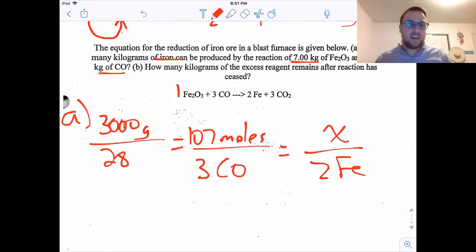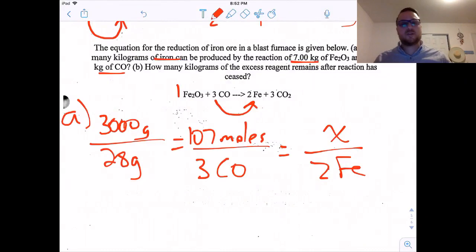So let me piggyback up a step. We had 3 kilograms of carbon monoxide. I converted that to moles by dividing it by its molecular weight. Based on the reaction I have, 3 carbon monoxides will always result in 2 irons. It's a 3-to-2 ratio. I don't have 3. I have 107. How much will 107 result in?